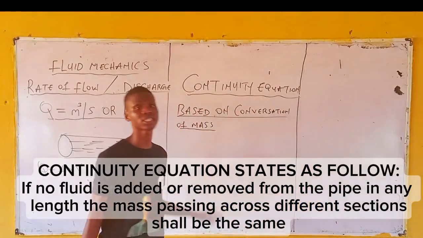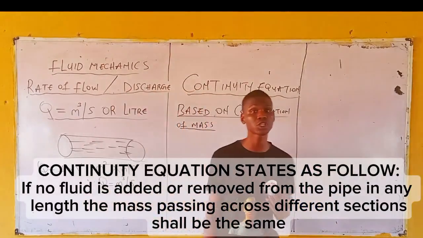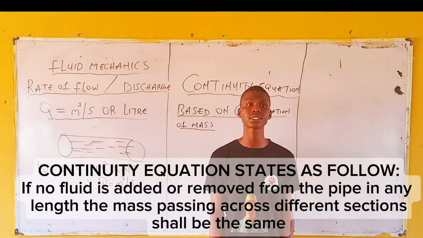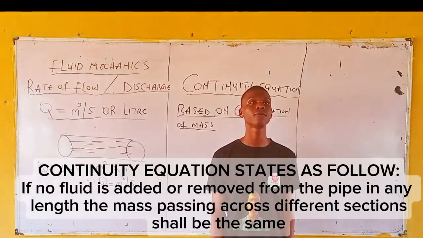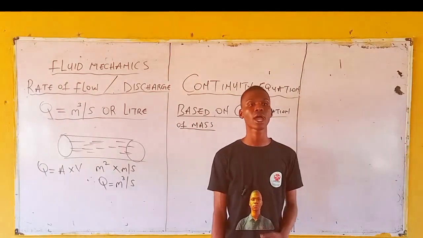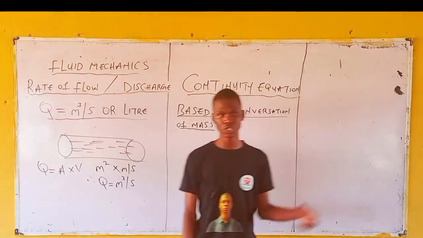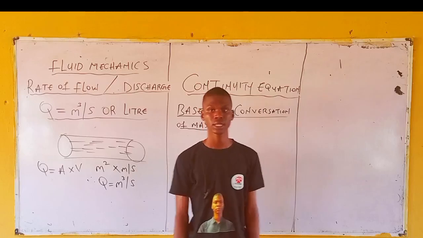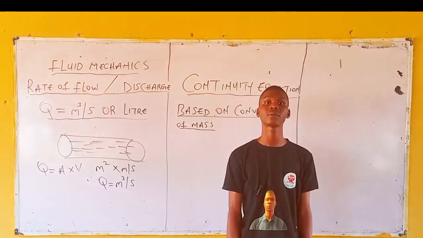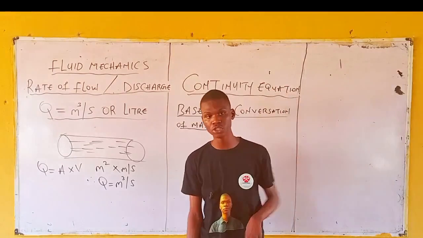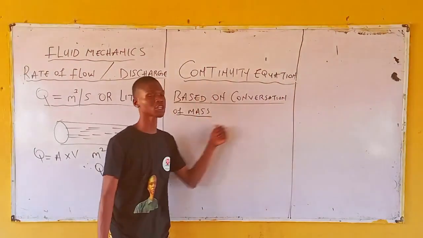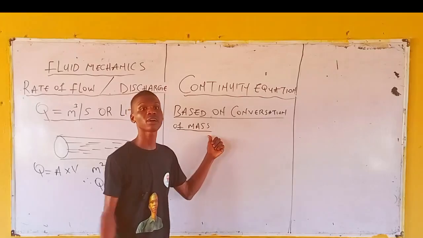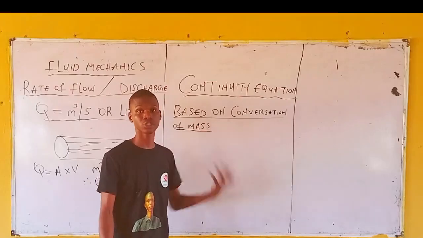Now, what this means, from that continuity equation, is that the rate of flow entering a section is the same as the rate of flow leaving that section. But that definition, based on conservation of mass, is referencing mass in each section.